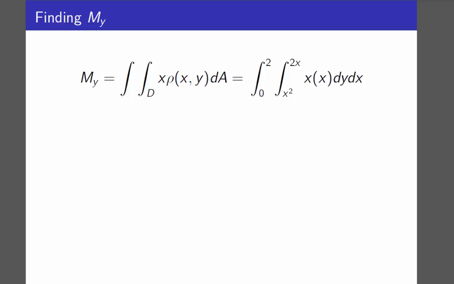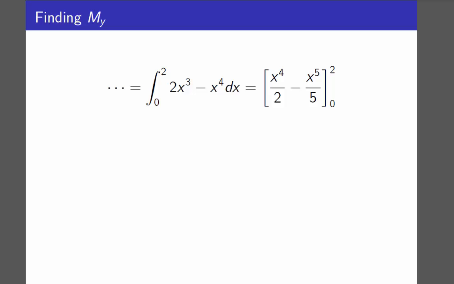The only difference is that we're multiplying by an extra x. So now we just compute this as we normally would a double integral. Doing so, we see that the moment with respect to y is equal to 8/5.